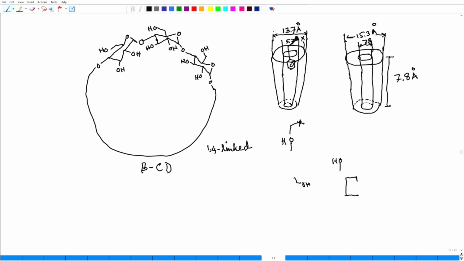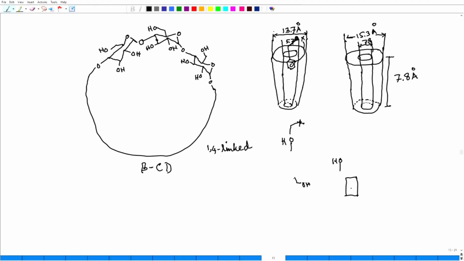It is like you bring your reagent very close to the reaction sites, and if they are very close, they will react immediately and you will get the product.